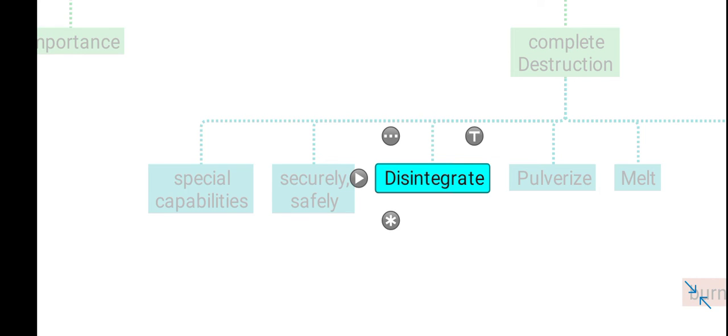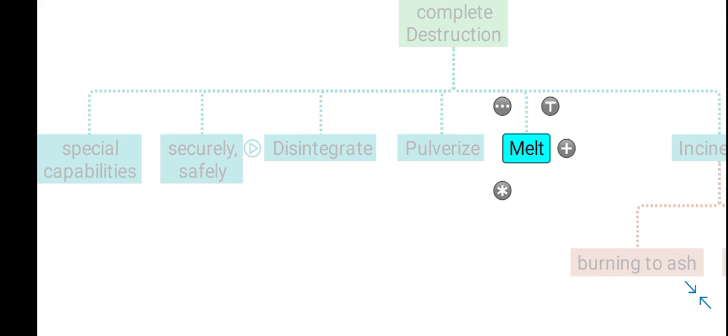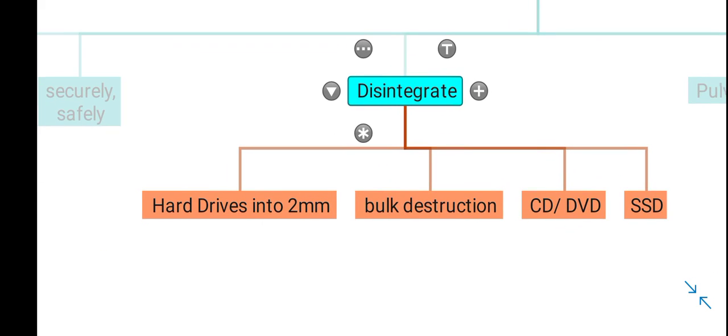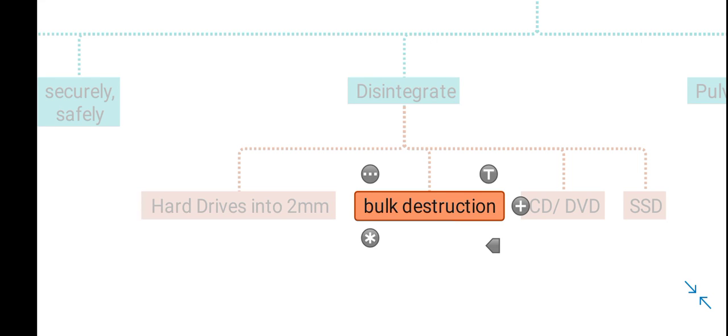And these are disintegration, pulverizing, and melting the media. So in disintegration, the hard drive is disintegrated into pieces, and you carry out bulk destruction of different hard drives in order to mix the hard drives so that no one can reconstruct them.